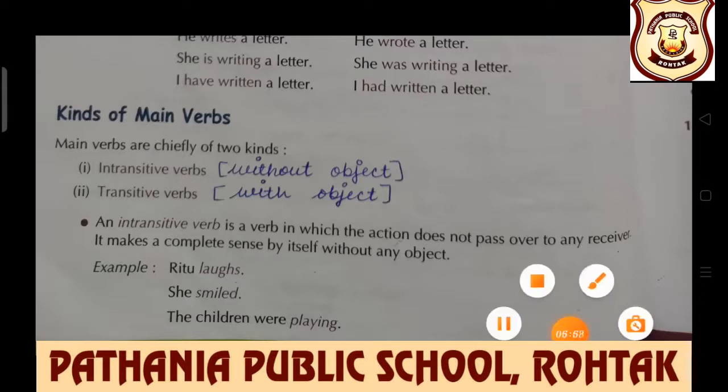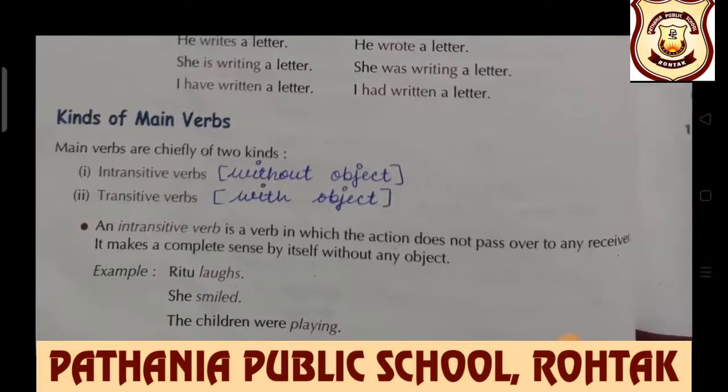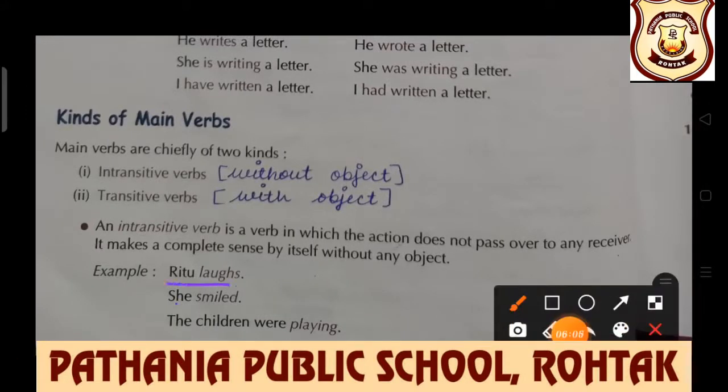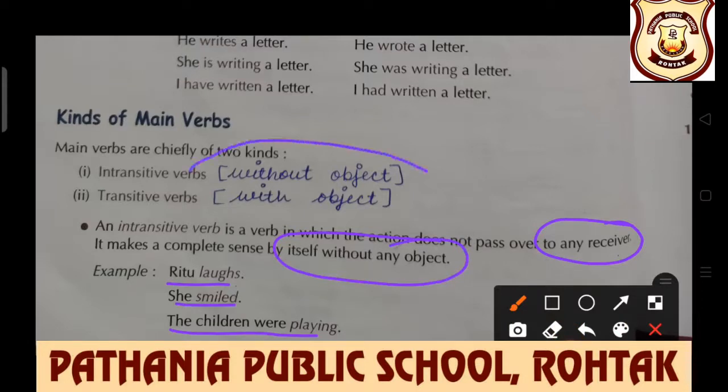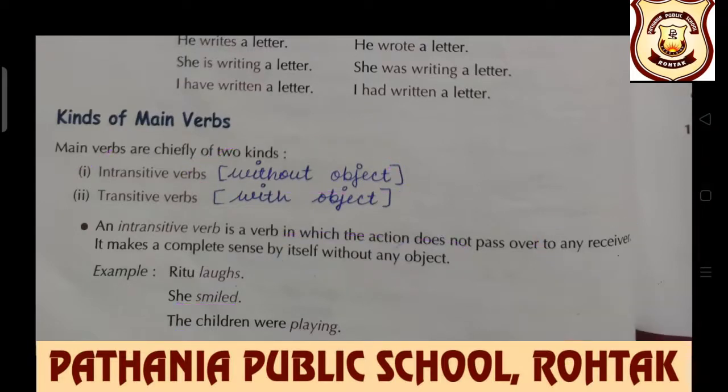Ritu laughed. She smiled. The children were playing. They have their own independent meanings. They don't need any receiver. They don't have any object. So the verb forms which are without object, they are called intransitive verbs.